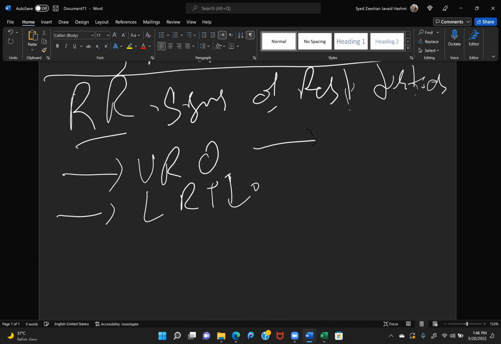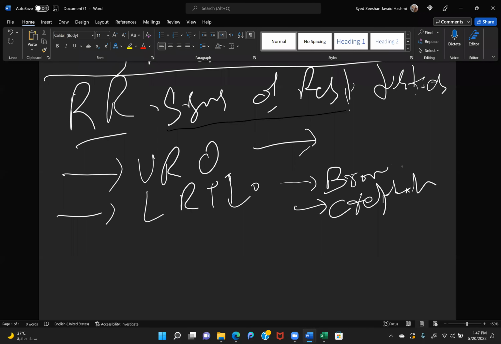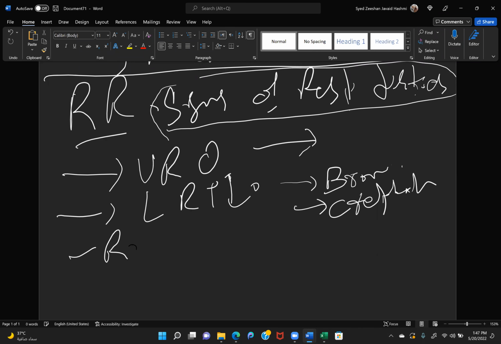In the upper airway there will be signs of obstruction, or in lower airway obstruction in the form of wheezing, rhonchi and crepitations. The first thing will be how you assess any sign of respiratory distress in the form of rate, pattern, use of accessory muscles.